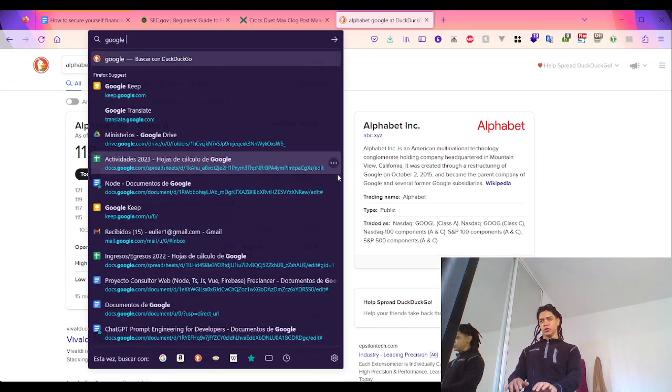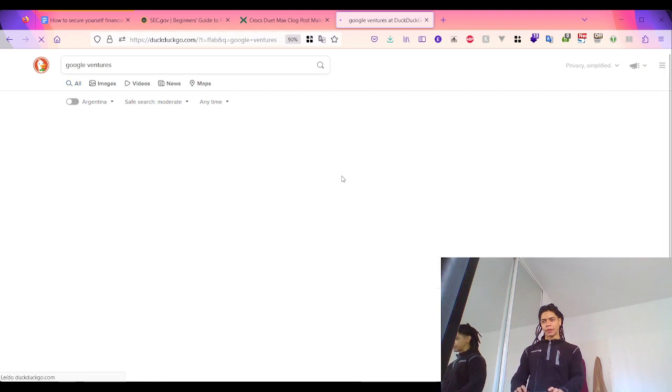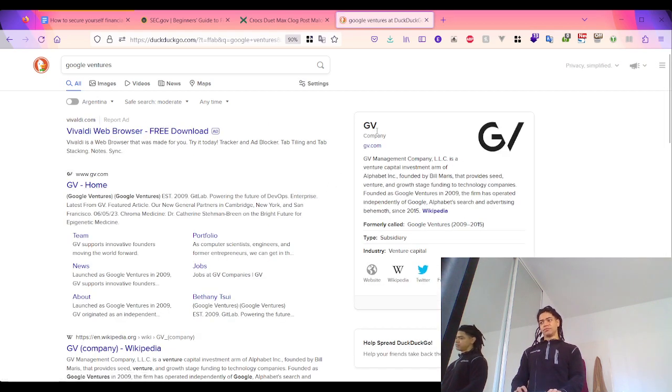Google Ventures Management Company LLC is a venture capital investment arm of Alphabet Inc., founded by Bill Maris, that provides seed, venture, and growth stage funding to technology companies. Founded as Google Ventures in 2009, at first operating independently of Google.